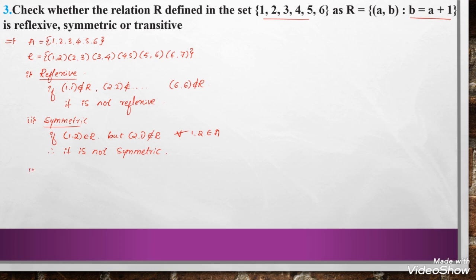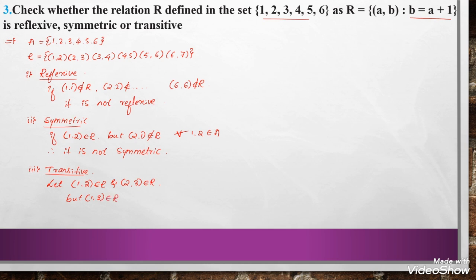Then the third condition, transitive. Now, let the first ordered pair 1 comma 2 belong to R, and also 2 comma 3 belongs to R. Here the first element is related to the second and the second element is related to the third, then 1 is related to 3, which is not present.